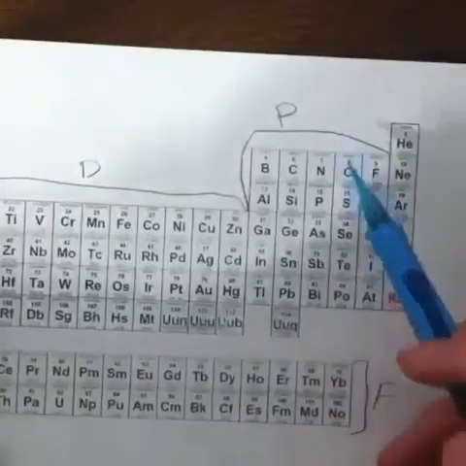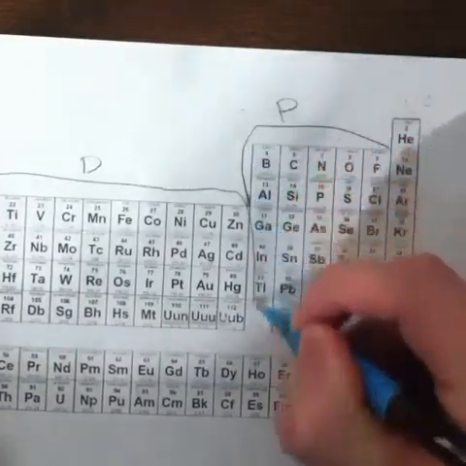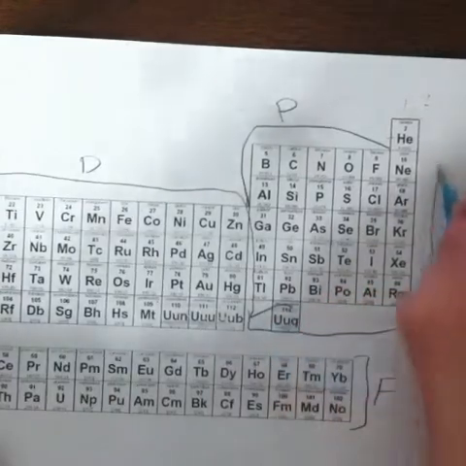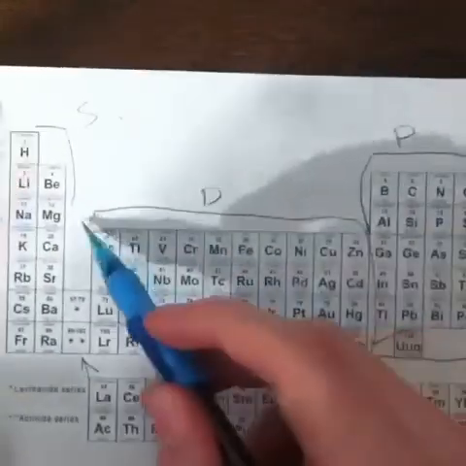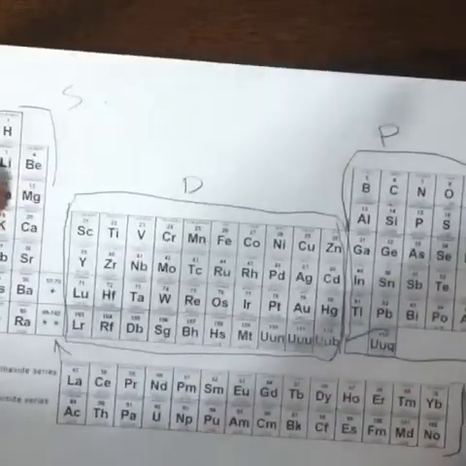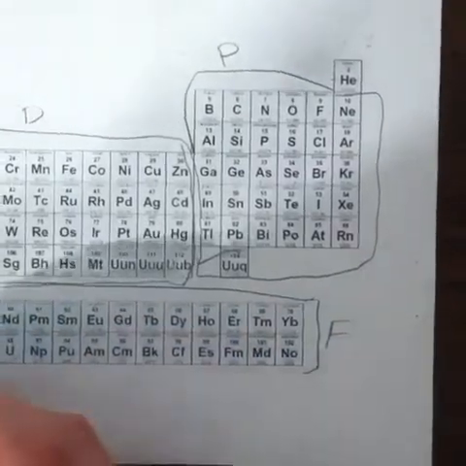The P sublevels, orbitals, are over here in this quadrant. And then the D over here, this block, and then the F over here. This is the F block.